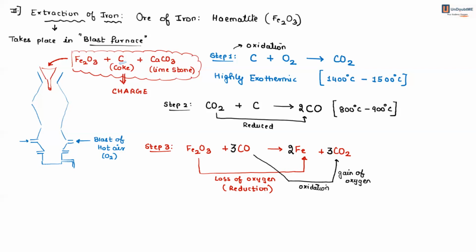Okay, now tell me, who is acting as a reducing agent in this reaction? Carbon monoxide. Very good. Carbon monoxide acts as a reducing agent because of carbon monoxide Fe2O3 is getting reduced.